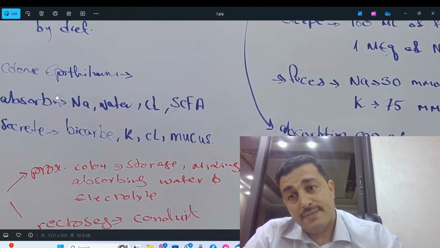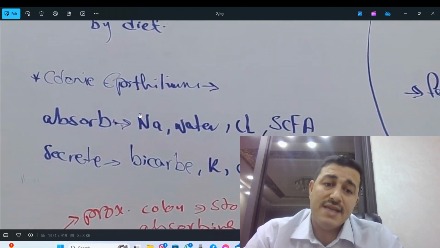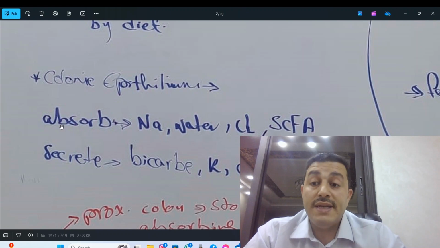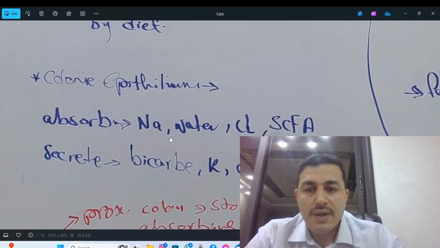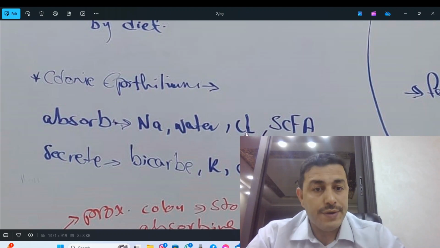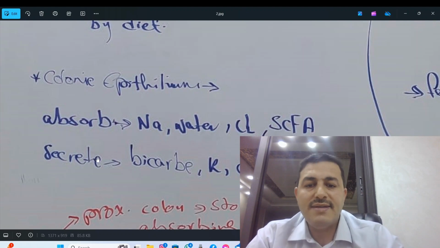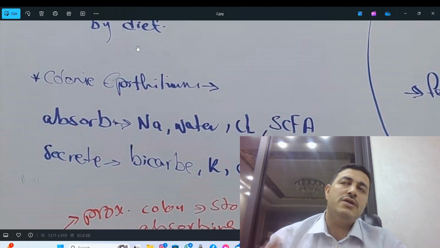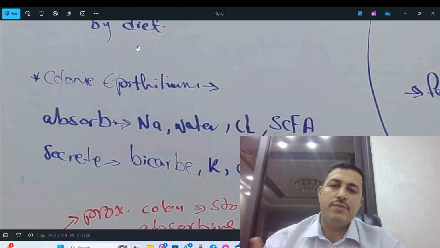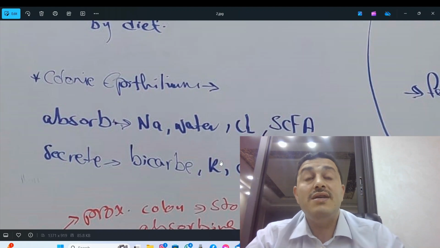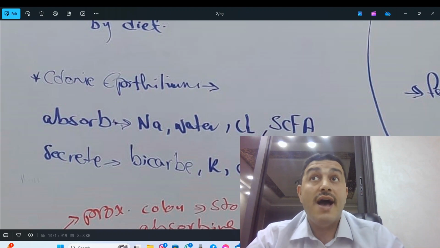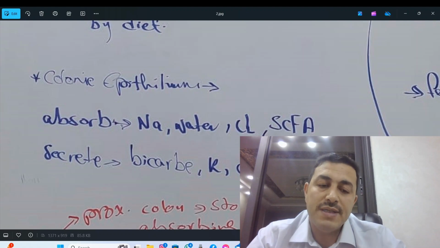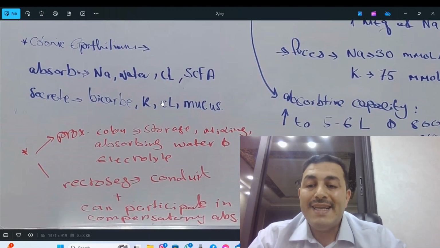As you see, the colonic epithelium, which we will review in the next few minutes, absorbs water, sodium, chlor, short chain fatty acid, and secretes bicarb, which is responsible for neutralization of the acidic environment inside the colon. Also, it secretes potassium, chlor, and mucus, which will enhance the movement of the feces.